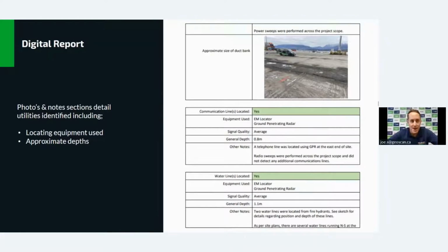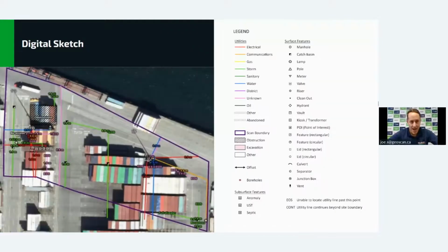The more information, the better, obviously, on these reports, to again allow the client to make a judgment call on the risk.